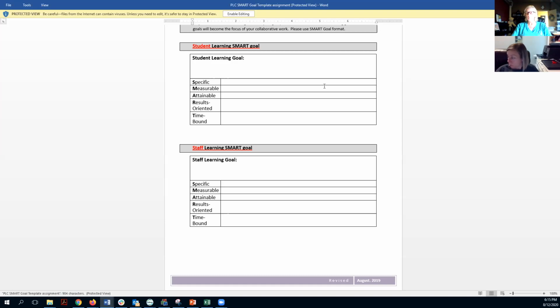Okay? So we've got all those parts. It's result oriented, it's measurable, it's attainable. We know the time frame by the end of the second trimester, and we even know what assessment we're using.